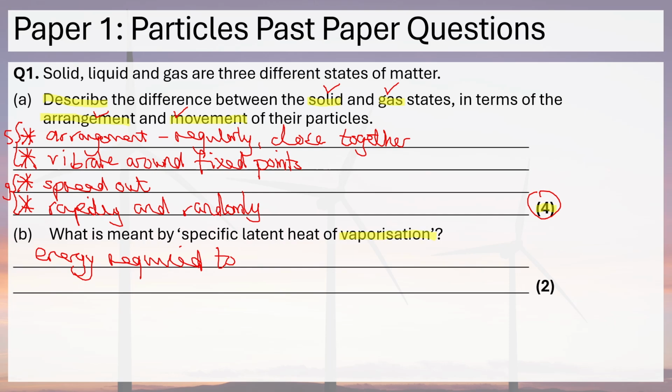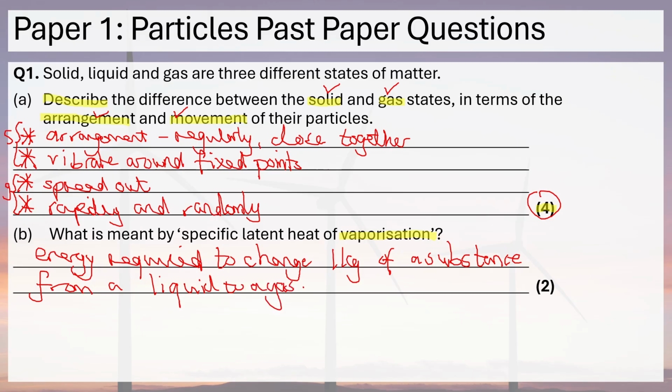So we're specifically looking at changing state from a liquid to a gas. So it's required to change 1 kilogram of a substance. So I've got my first mark there, and then the vaporization from a liquid to a gas. And there's the 2 marks.